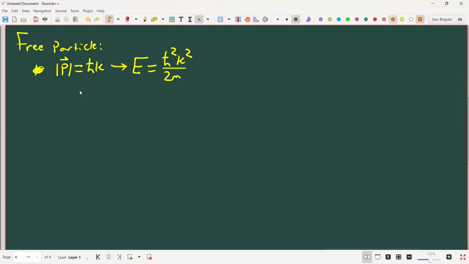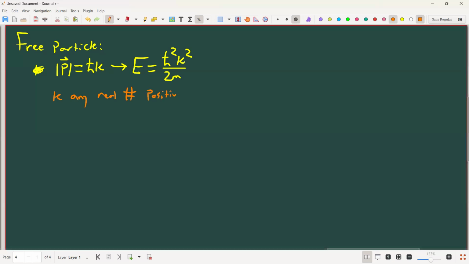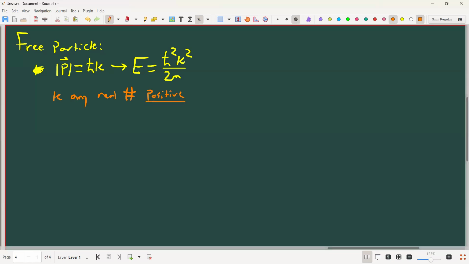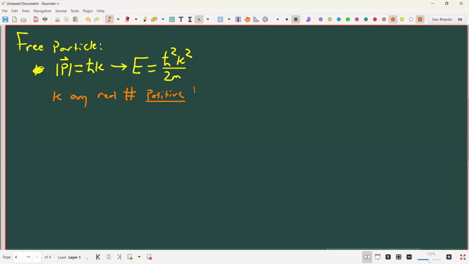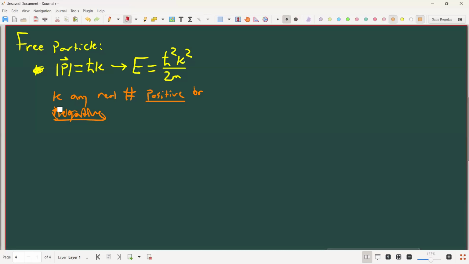And k can be any real number, positive or negative. Well, let's just say positive, because it's the absolute value that we're taking. Any real positive number. It can be negative too. That just means the particle is going in the opposite direction.